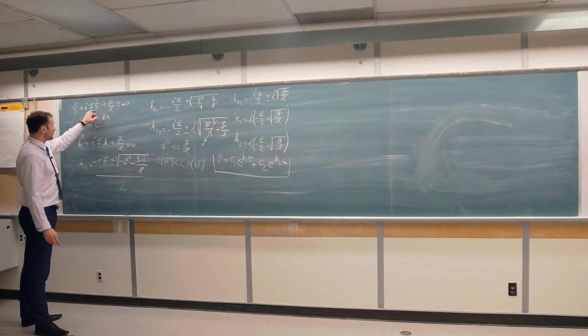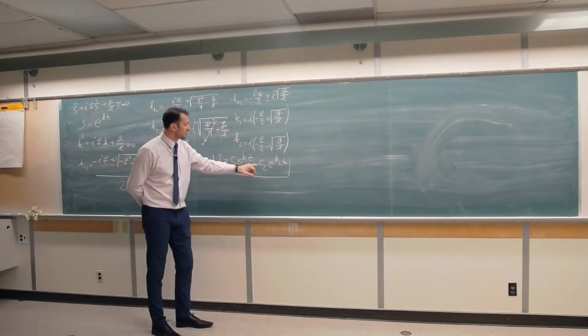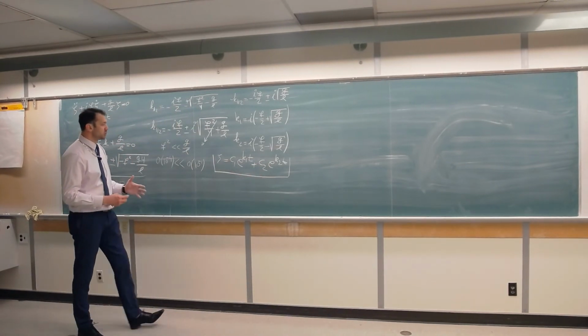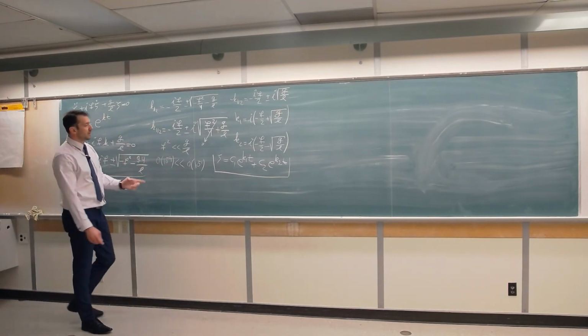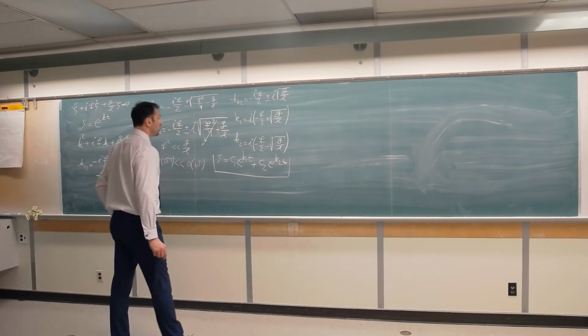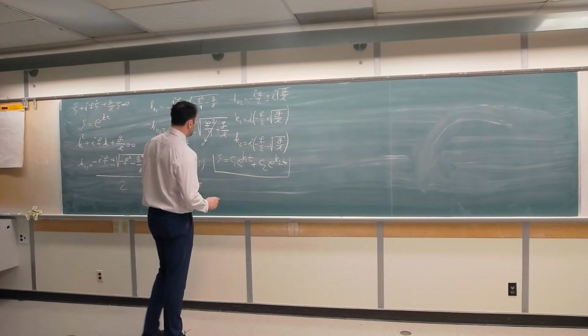If this is a solution of this, then this is also a solution of this, because this is a linear combination of two solutions that are themselves solutions, and because the equation is linear, this is satisfied. Where C1 and C2 in principle can be complex coefficients.